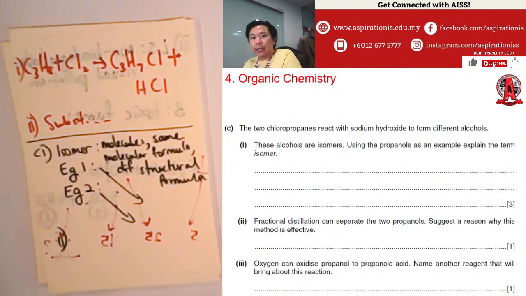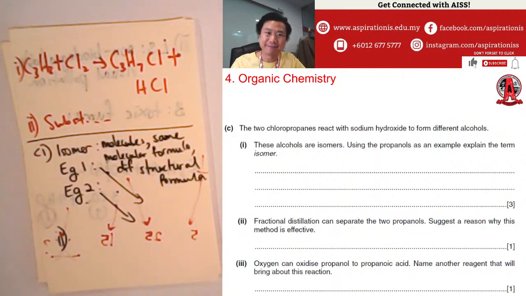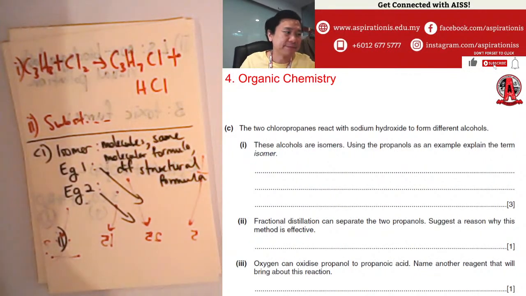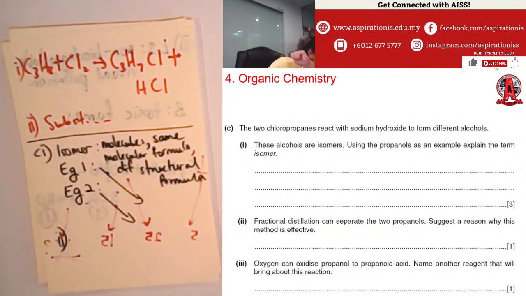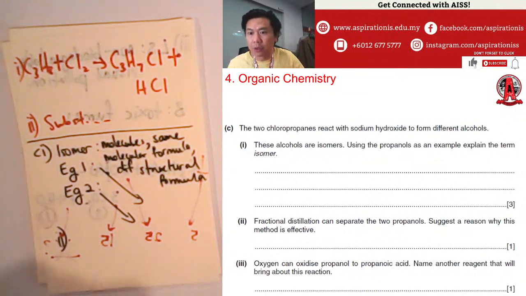Yeah. So oxygen can oxidize propanol to propanoic acid. Name another reagent that will bring about this reaction. Now, if you can answer question 3, I will be happy. Try. Very good, Manraj. So that is a very popular oxidizing agent.